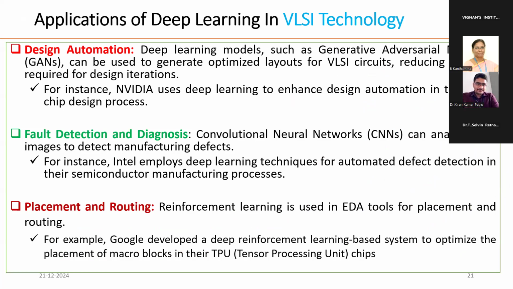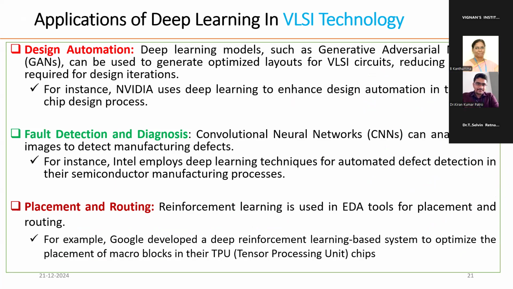Here I have mentioned some applications of deep learning in VLSI technology. One is design automation. Generally, deep learning models like GANs are used to generate optimized layouts for VLSI circuits. Nowadays, NVIDIA is using deep learning in design automation.